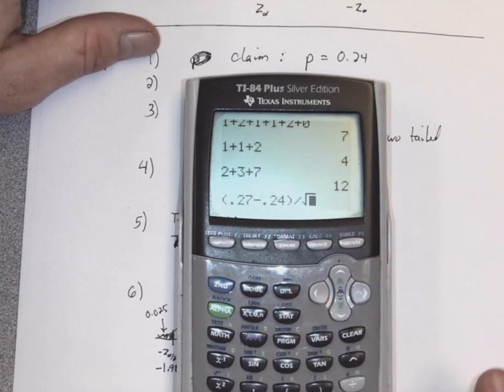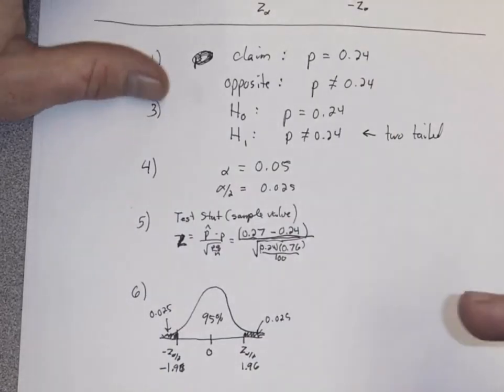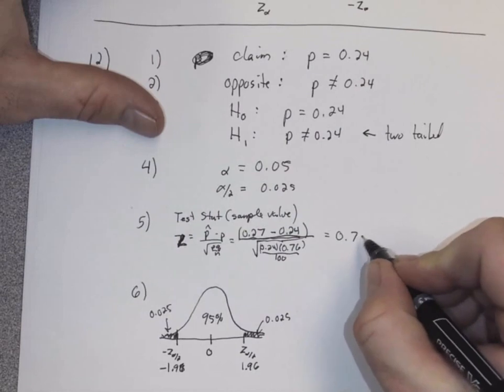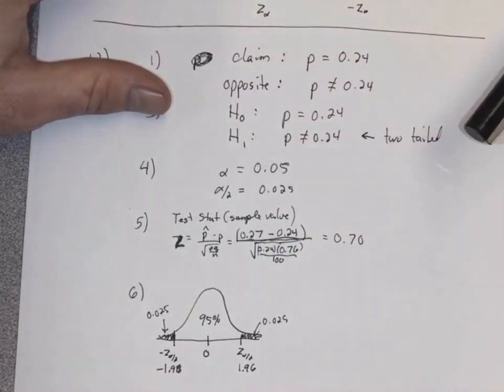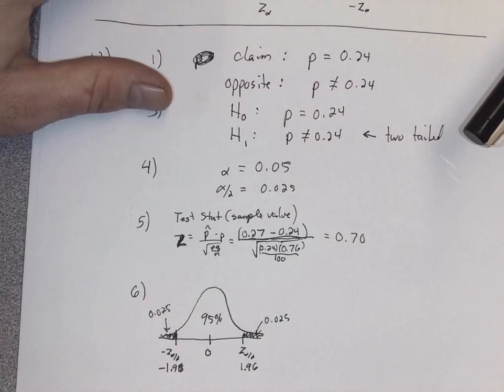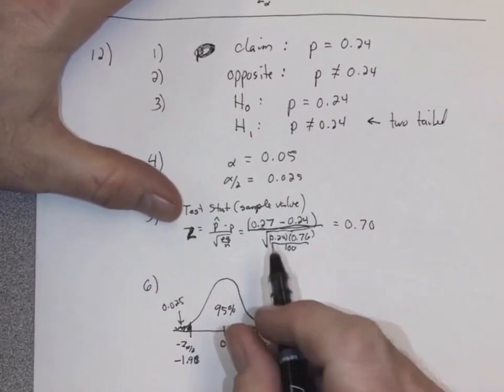The square root groups the entire bottom, so I don't have to worry about that: 0.24 times 0.76 divided by 100. What I get is a z-score of 0.70. We round it to 2 decimal places, because that's what we do for z-scores. Okay, so what I want to know is how the z equals 0.7 relates to this particular number here.